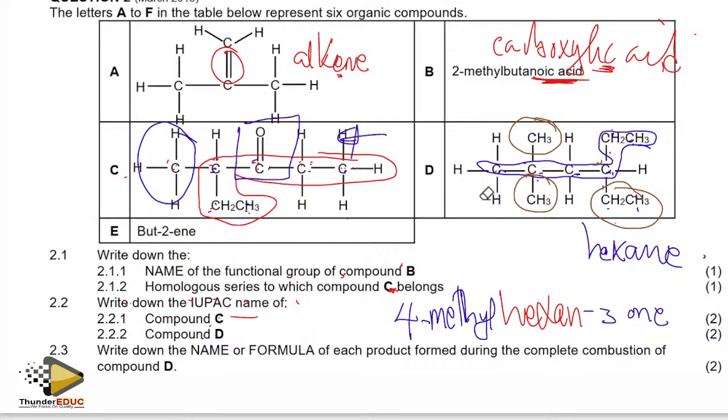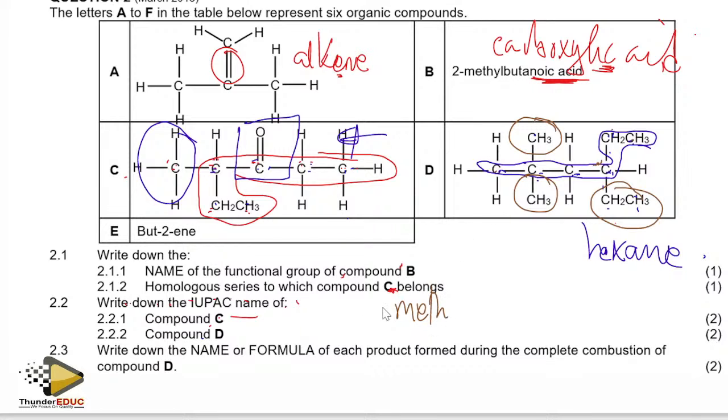So I will go with carbon atom number 2. The first methyl is on carbon 2, and the second methyl is also on carbon 2. Then I continue in that direction, 1, 2, 3, 4, the ethyl is on carbon atom number 4.